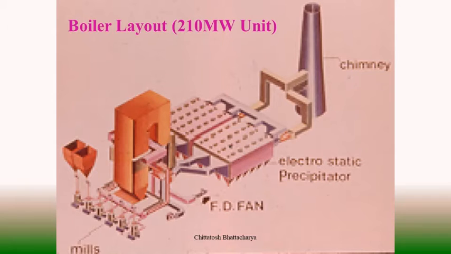But in bigger capacity units, larger units, we have the FD fan and PA fan both drawing air from the atmosphere, and the FD fan is supplying only the secondary air. That means the FD fan is drawing air from the atmosphere, and after drawal this air is passed through the air preheater.